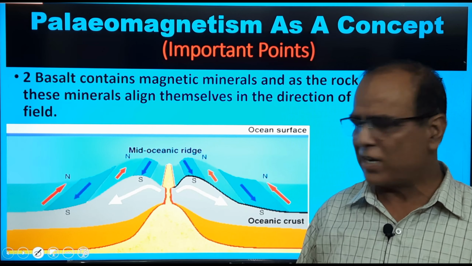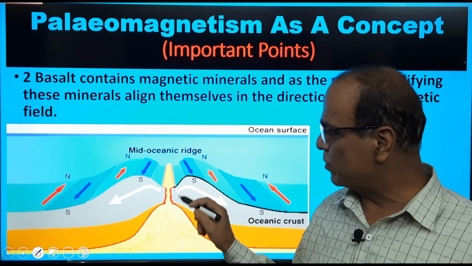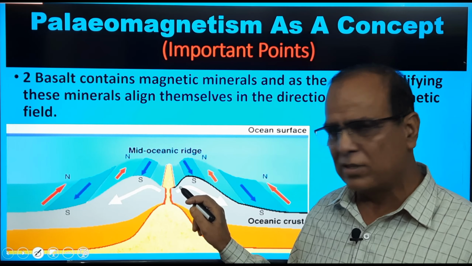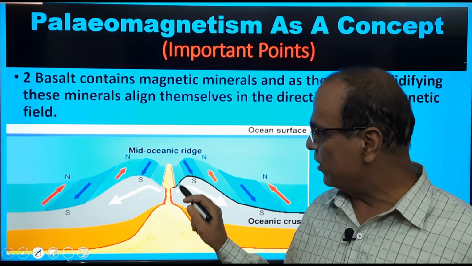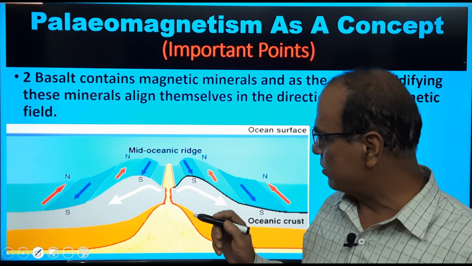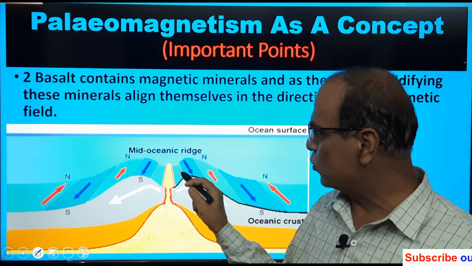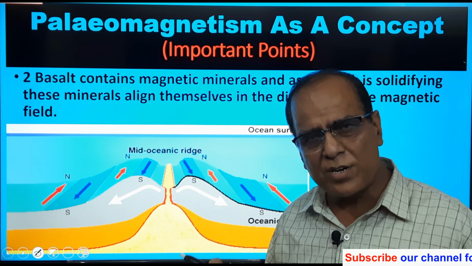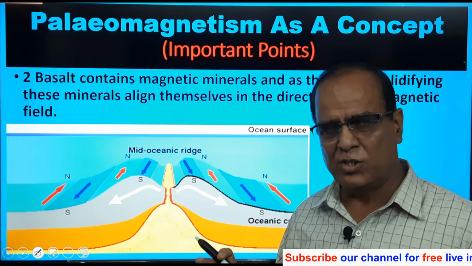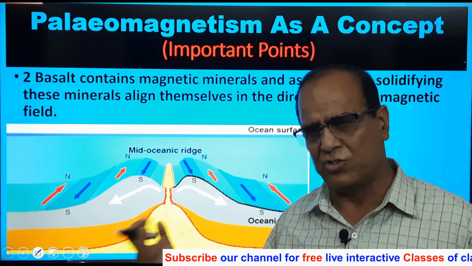Suppose here is the magma, it's coming into existence, gets solidified out here. At that point in time it records the magnetic alignment. As you can see here, it has the orientation towards north, so the magnetic field is probably in the north region.